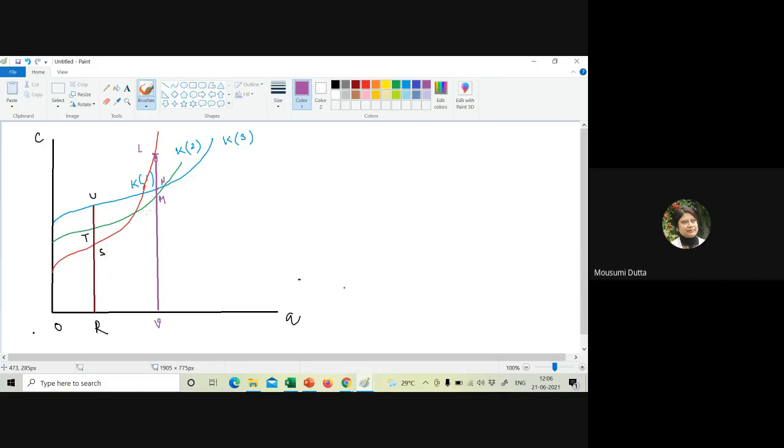Finally, if I like to produce, say, the output level given by this one. I mean, this is the output level.